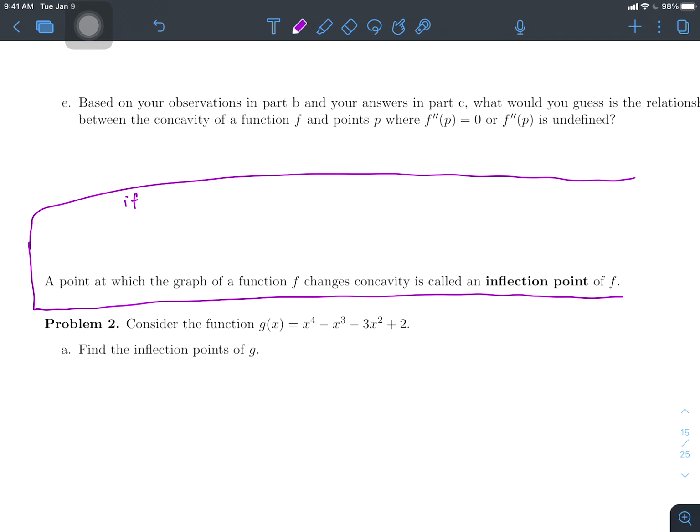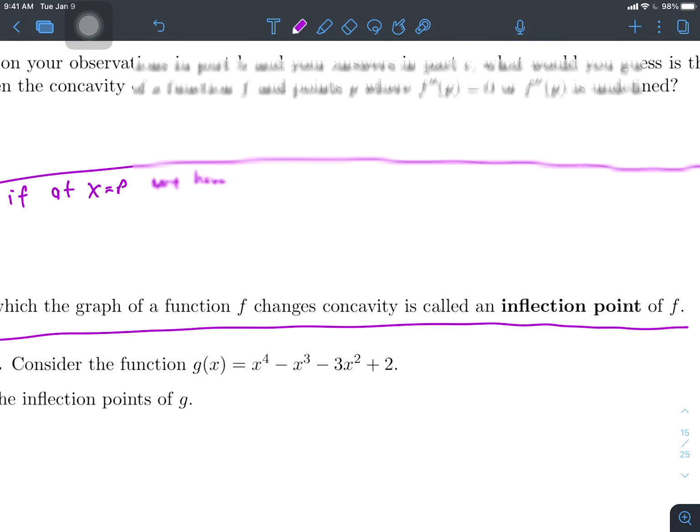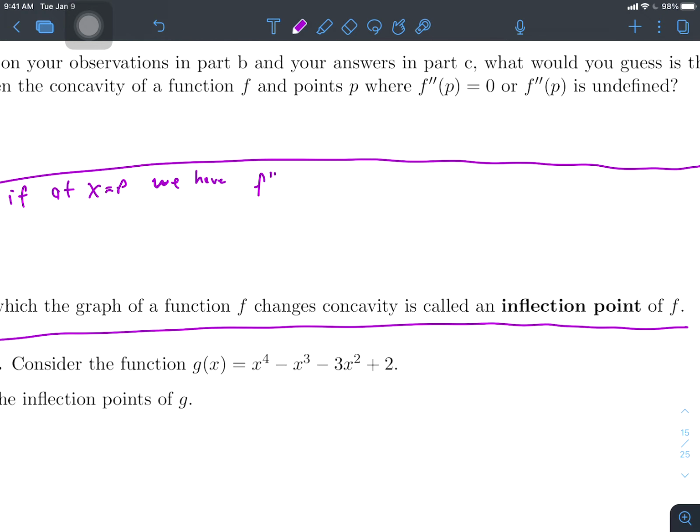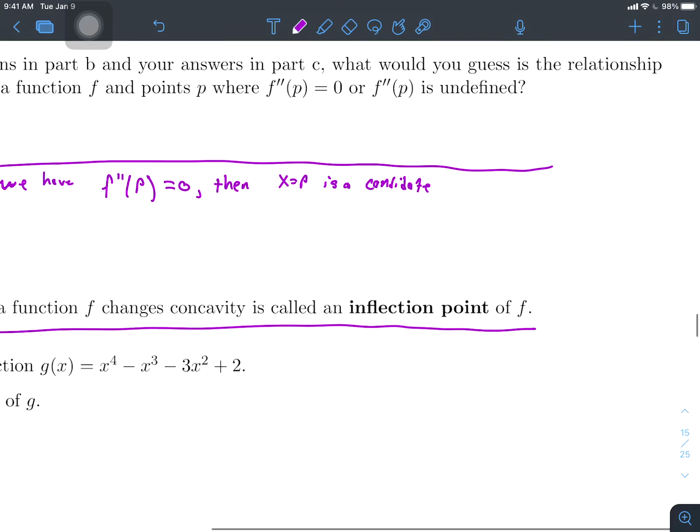If at x equals p we have f double prime of p equal to 0, then x equals p is a candidate for an inflection point.